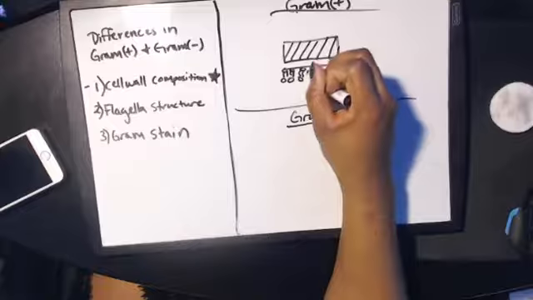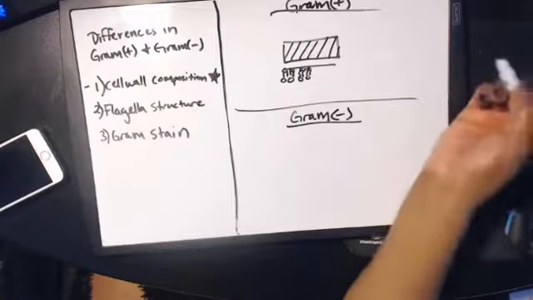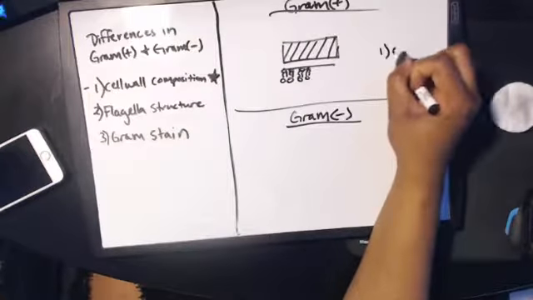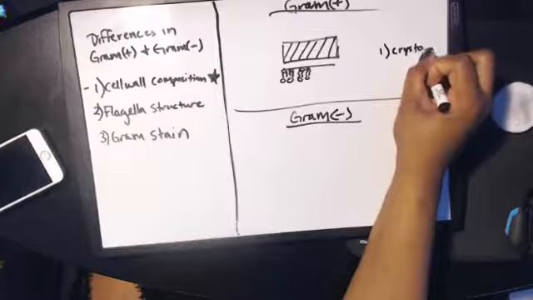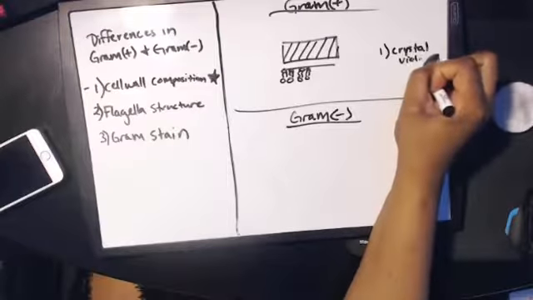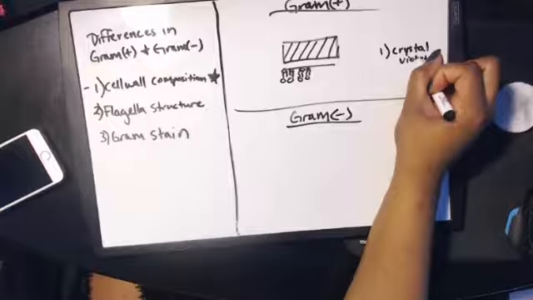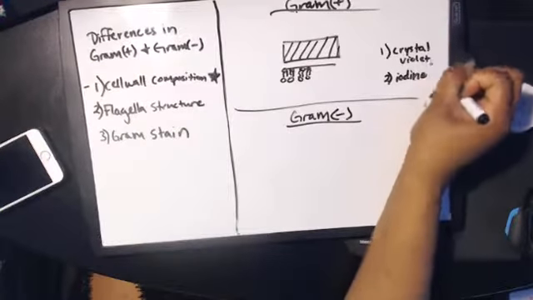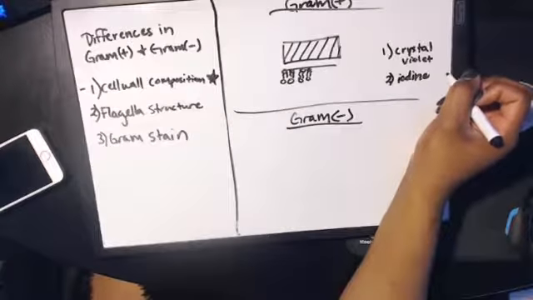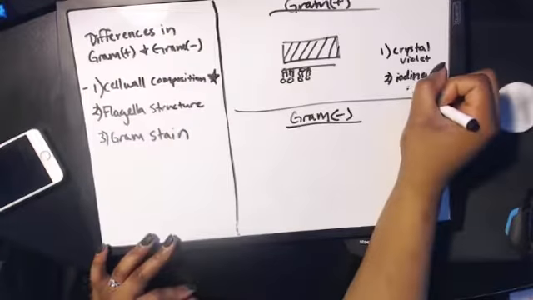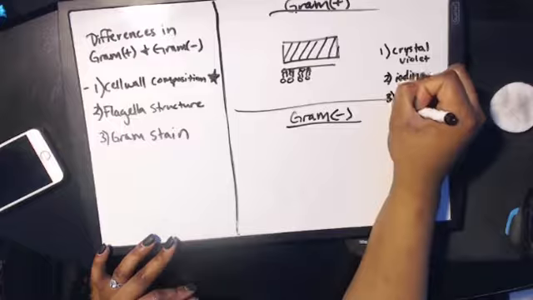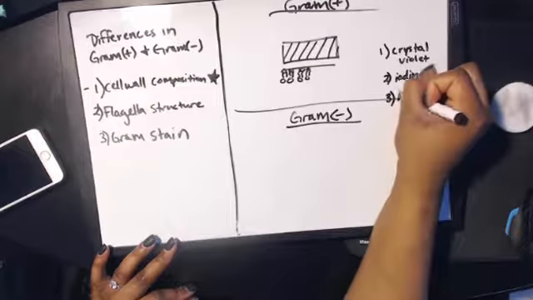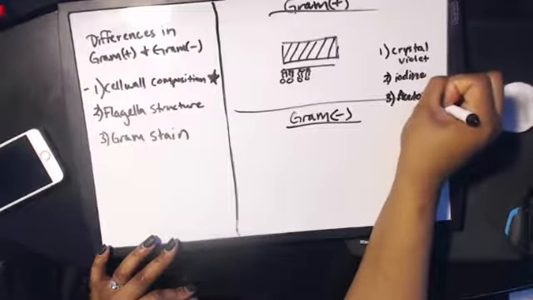Now, the steps of the gram stain go like this. You have 1 minute of crystal violet, and this will give purple dye. Then you have the iodine, which basically lets the violet soak in harder, so it's harder to remove. And then you have the decolorizer, which is acetone alcohol.